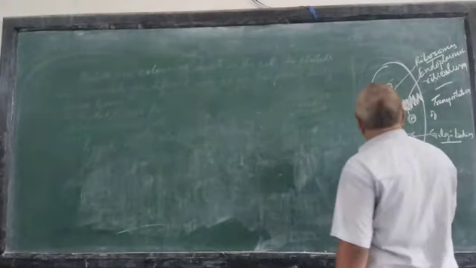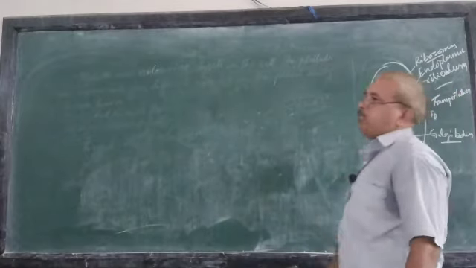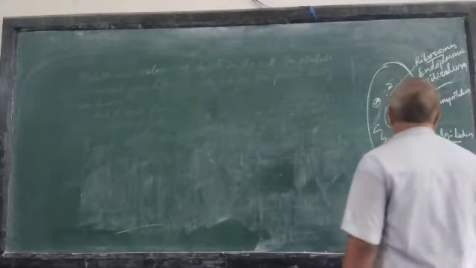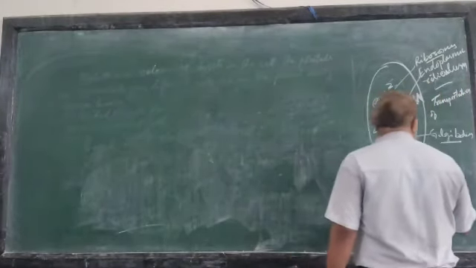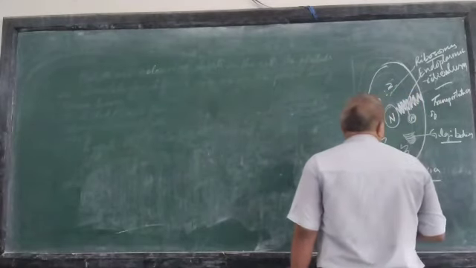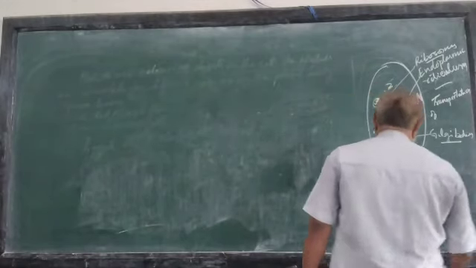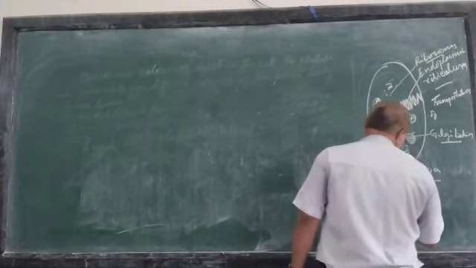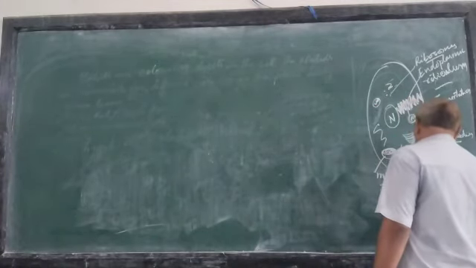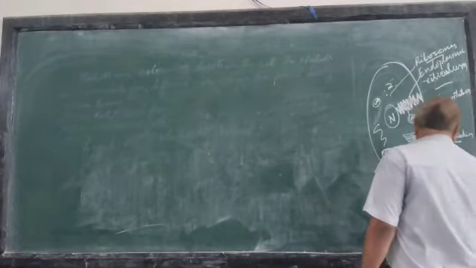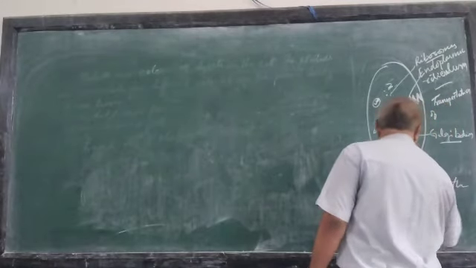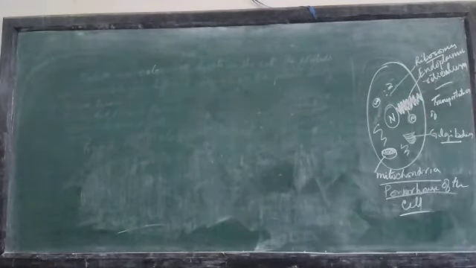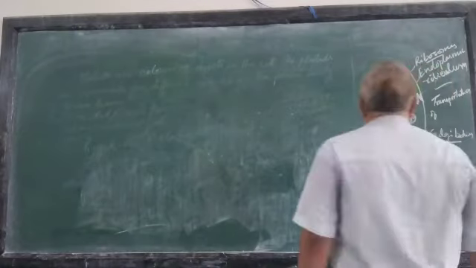So by oxidizing this glucose, it releases energy. Mitochondria is plural, the single is mitochondrion, and this mitochondrion is also known as the powerhouse of the cell. Clear?